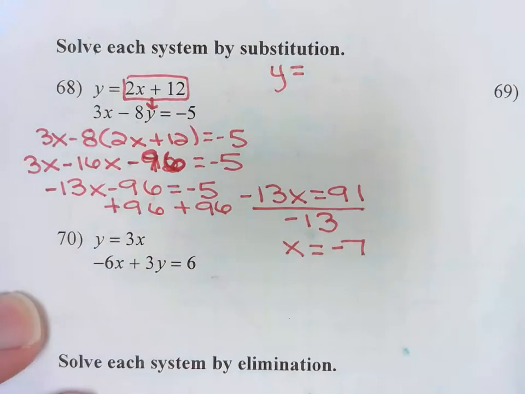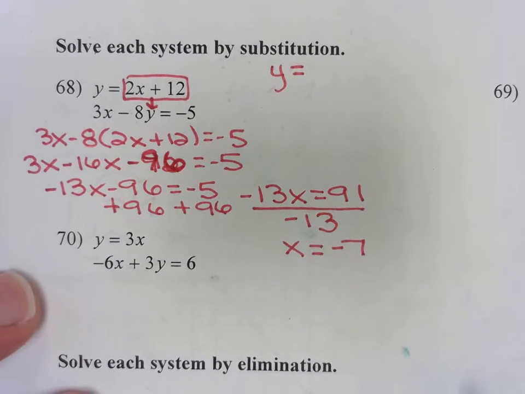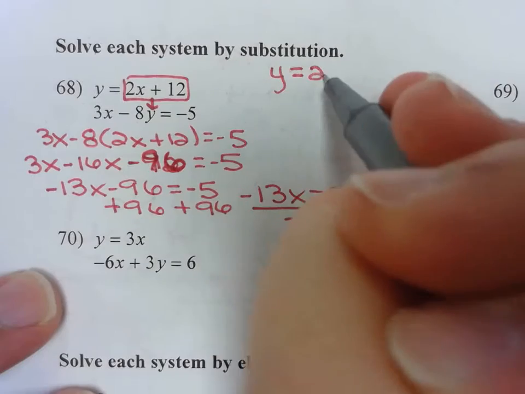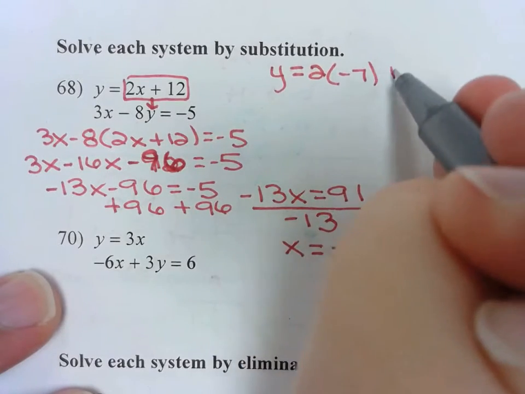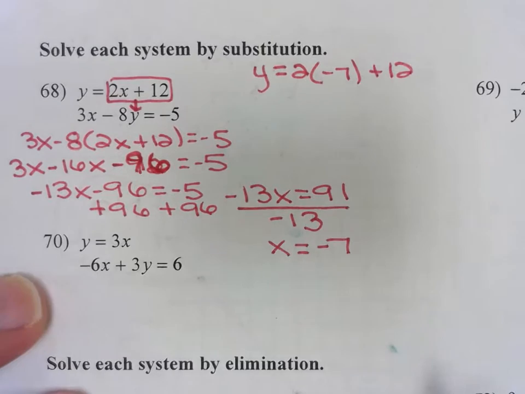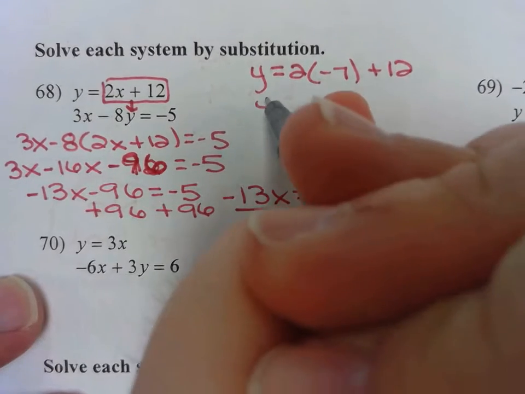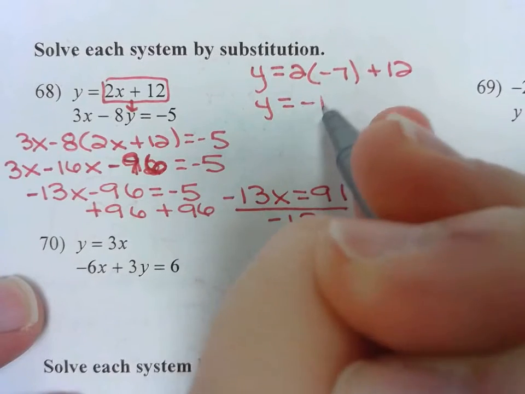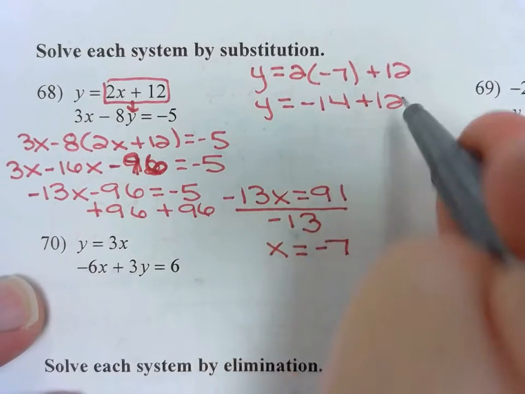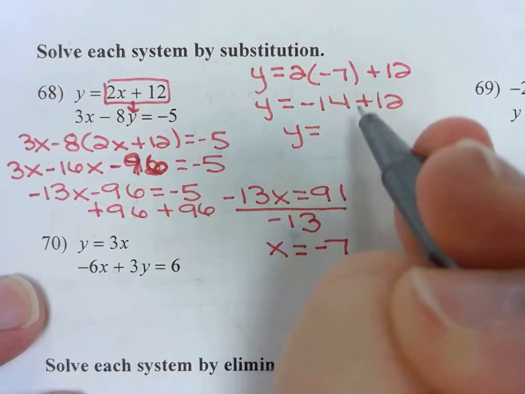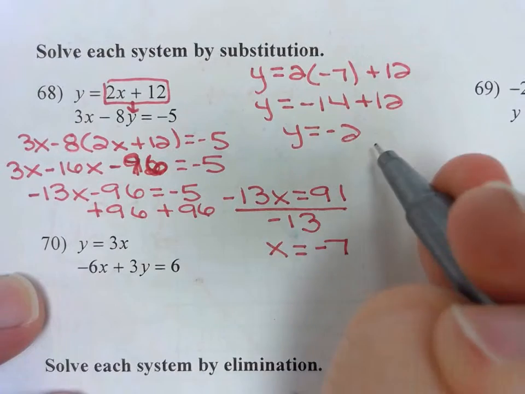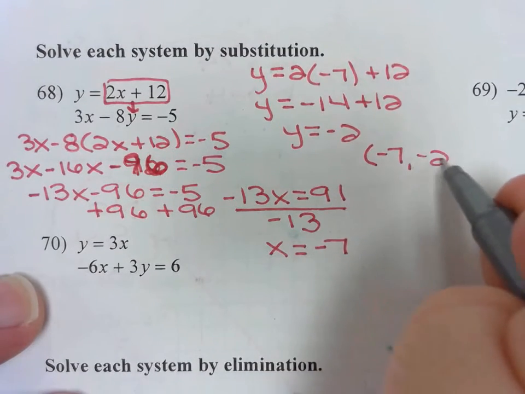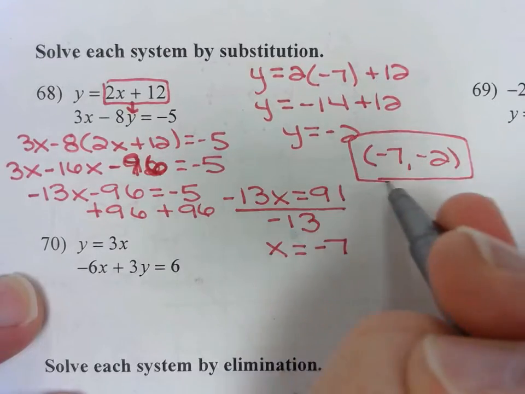Use the equation that's already y equals. If I want to know the y value, use the one that's already y equals. 2 times negative 7 plus 12. Negative 14 plus 12. So my ordered pair is negative 7, comma, negative 2. X, comma, y.